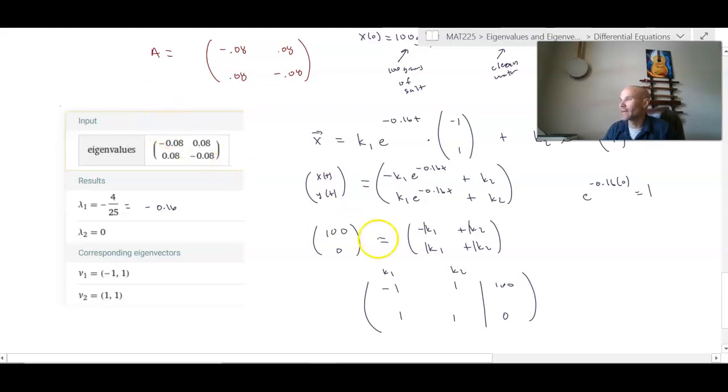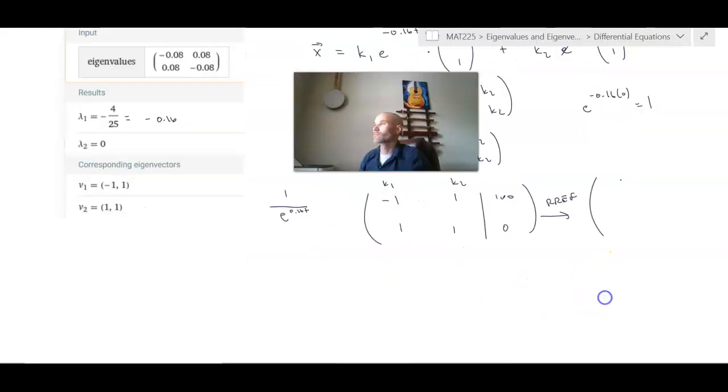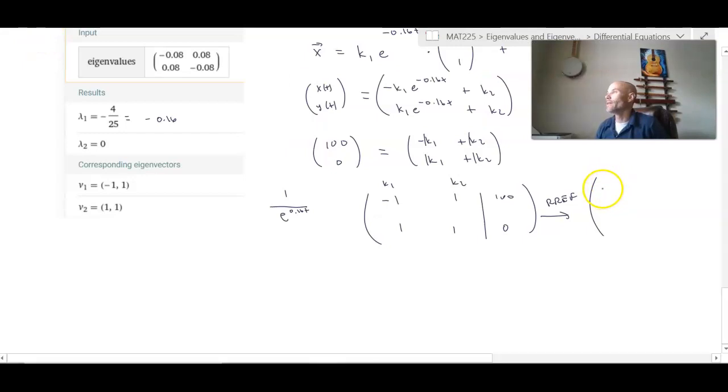And let's see, what will I get? I think this will reduce to (1, 0), negative 50, and (0, 1), positive 50. So that implies that k1 is negative 50, k2 is positive 50.